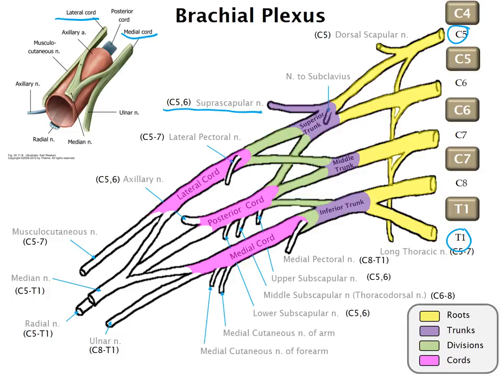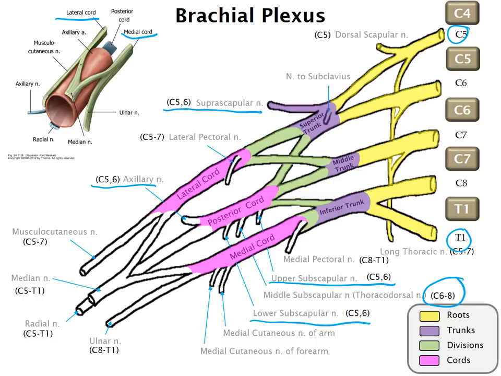The teres minor muscle is innervated by the axillary nerve, which is also C5 and C6. And the subscapularis muscle is innervated by both the upper and lower subscapular nerves, which again are also derived from C5 and C6. So if you think about it in that way, the only nerve cord level that you'll likely have to memorize is the thoracodorsal nerve, coming from C6 through C8.